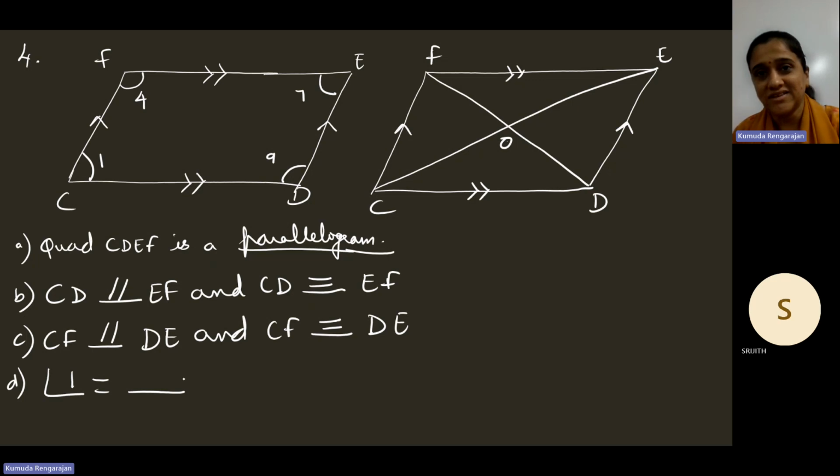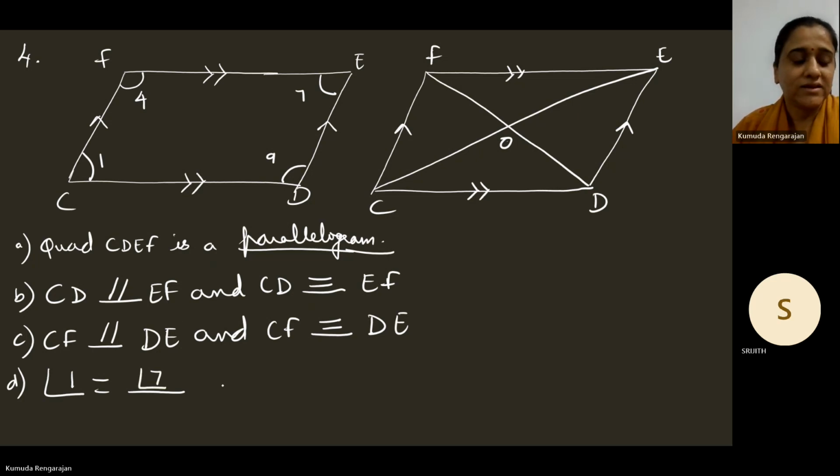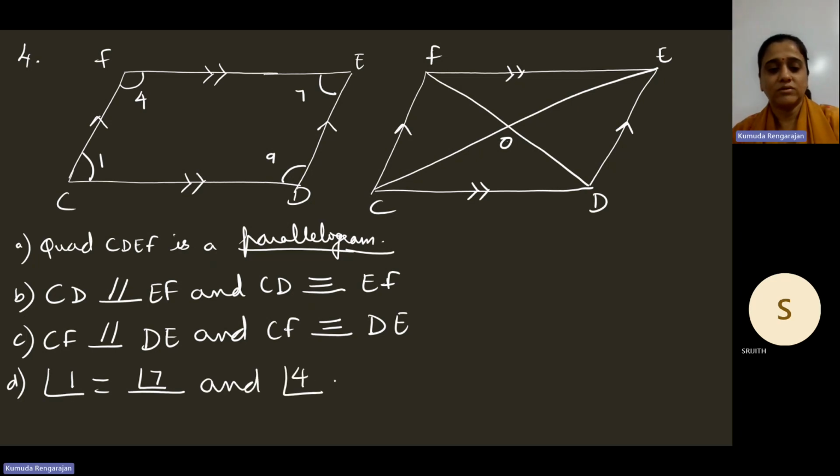They are adjacent angles. 1 and 9 are adjacent angles. What do you mean by adjacent and opposite angles? Adjacent angles are angle 1 and angle 9. 1 and 7. And angle 4 is equal to 9. Opposite angles are equal.